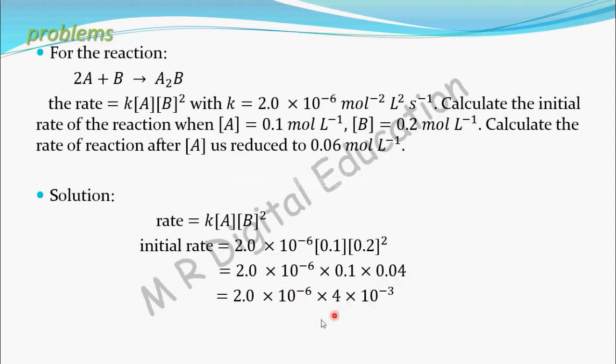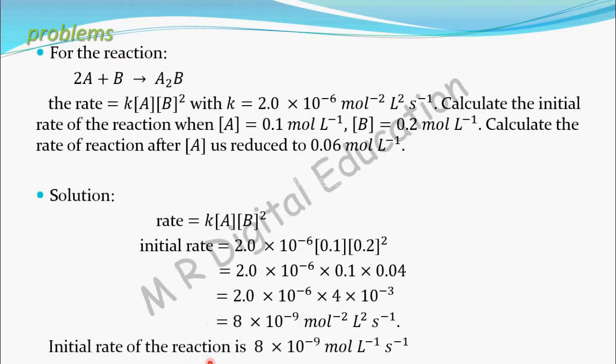Now 2 into 4 is 8. So 8 × 10^-6 into 10^-3 is 10^-9, because -6 -3 is -9. So the initial rate of the reaction is 8 × 10^-9 mole per liter per second.